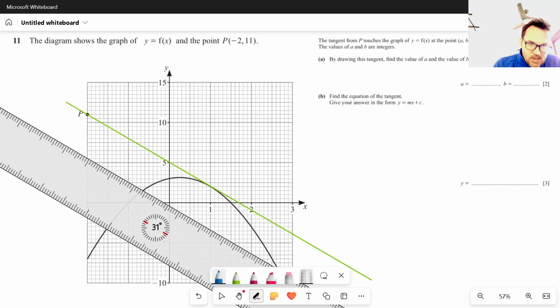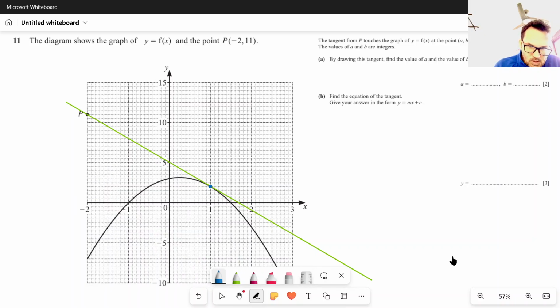It touches there. Where does it touch? Can we say with confidence it's right there on 1? So this will be the point 1 along the corridor, up the stairs. So let's see, from there to there, there's 1, 2, 3, 4, 5, 6, 7, 8, 10 squares. So every 2 squares counts for 1.